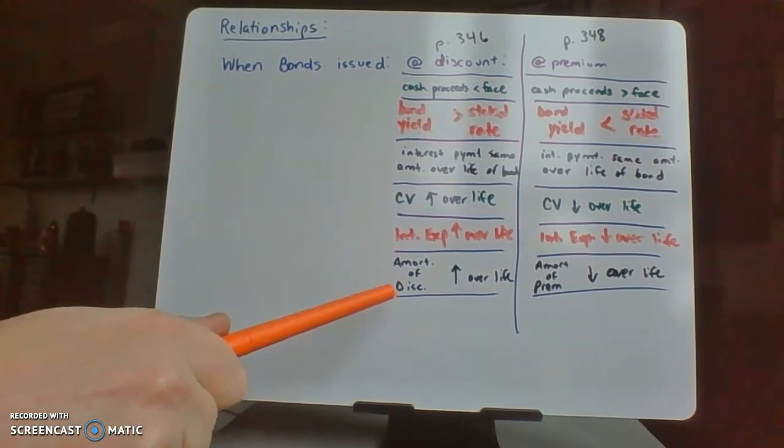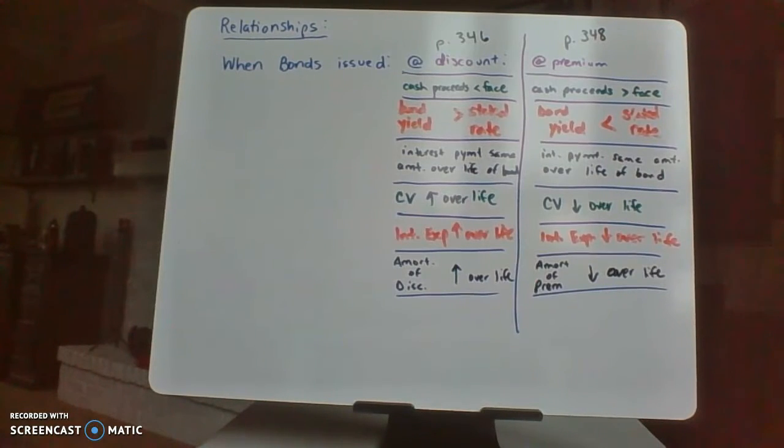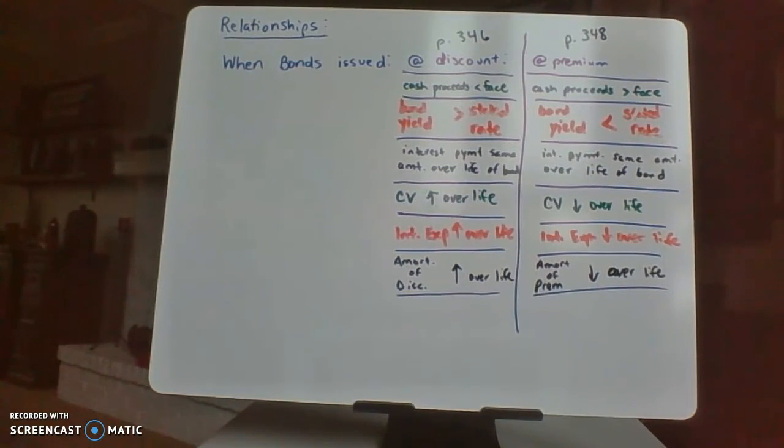And then these relationships kind of matter. So I would just memorize this for a discount and then know on the test that it's opposite for premium. So if you look at that table on page 346, you see that the carrying value, which again is bond payable deduct discount, is getting bigger over time because we're going from a carrying value of $99,000 back up towards the face amount of $100,000.